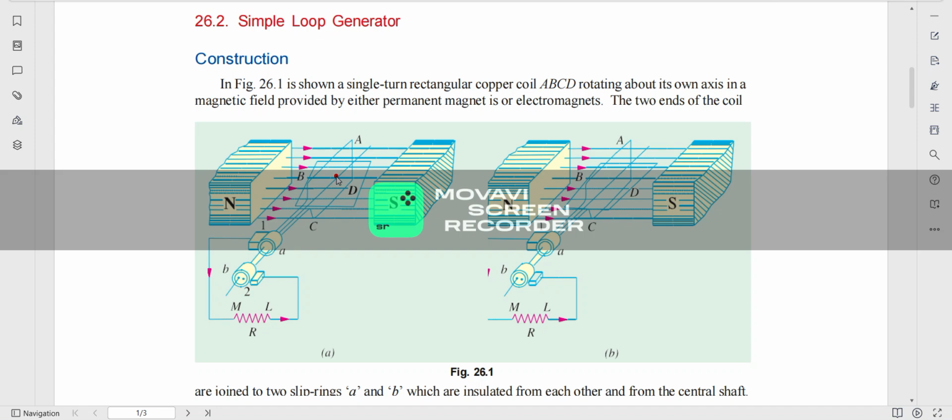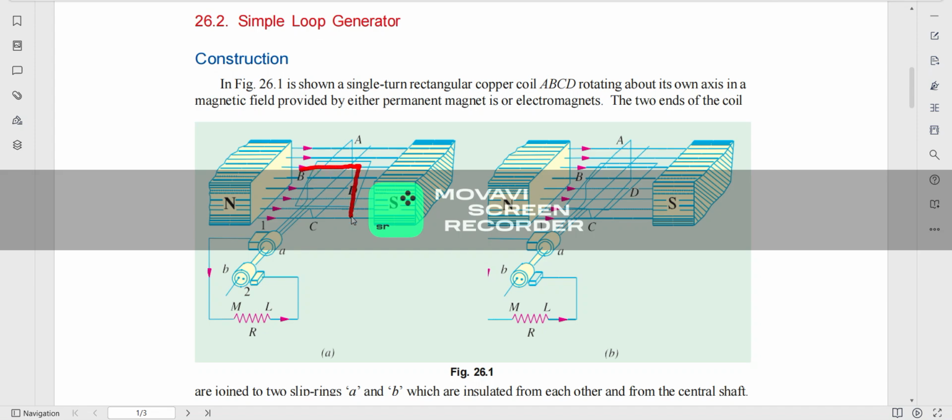First we will analyze how the position changes. You can see the conductor ABCD in this position, parallel to the flux lines. This is position number 1, and the generated EMF in this condition is 0. Why?